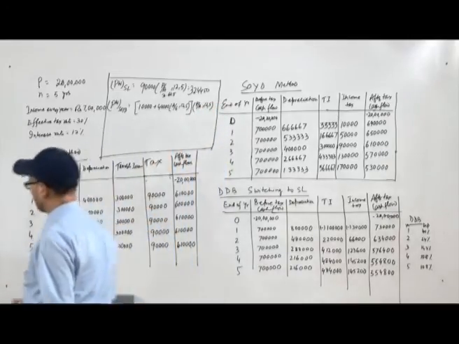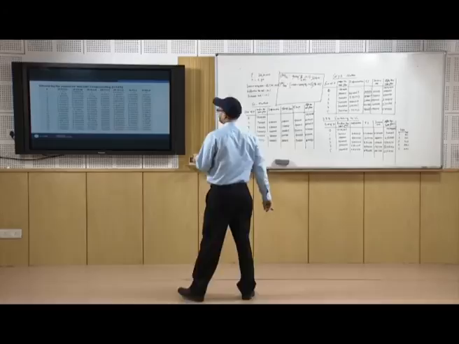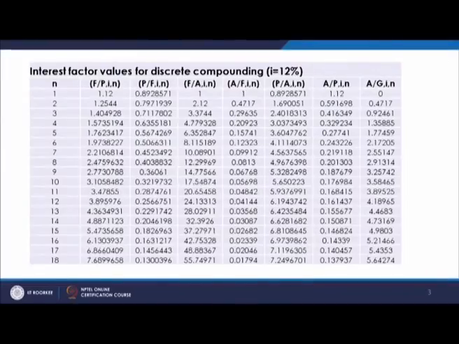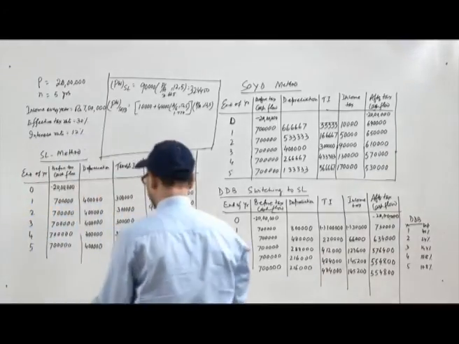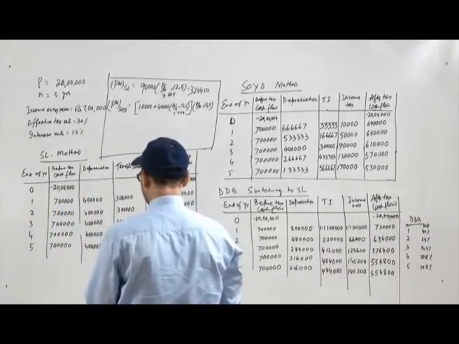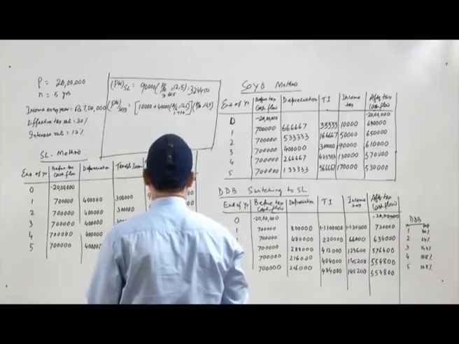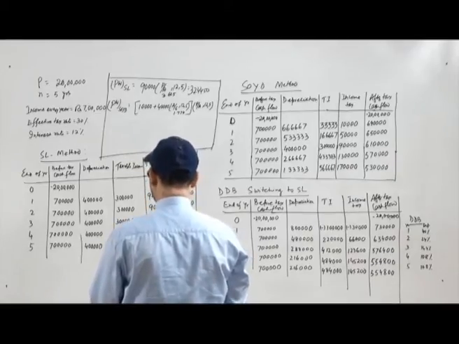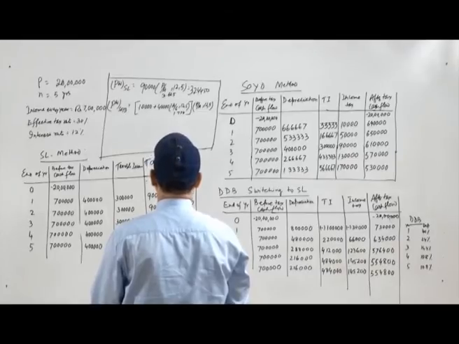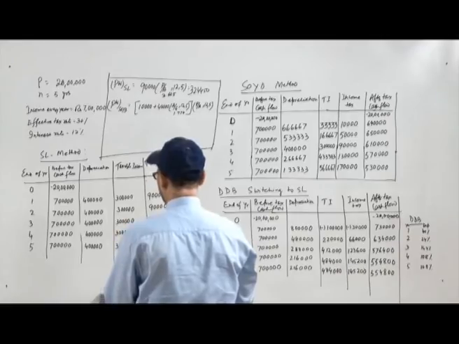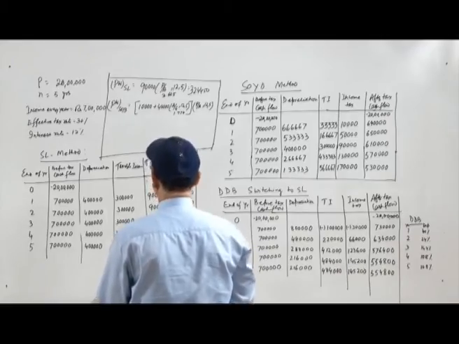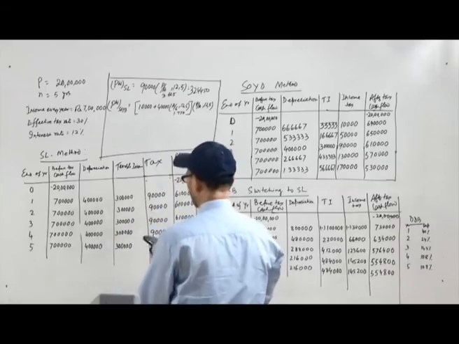A by G 12.5 is coming out to be 1.774. So it will be 40,000 multiplied by 1.774 plus 10,000, multiplied by P by A 12.5, that is 3.605.